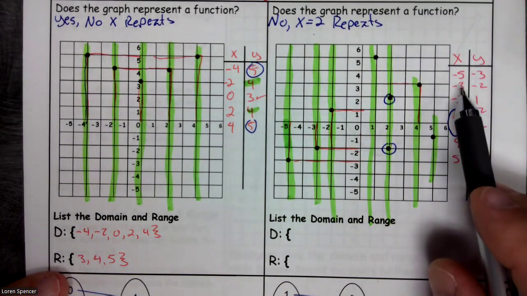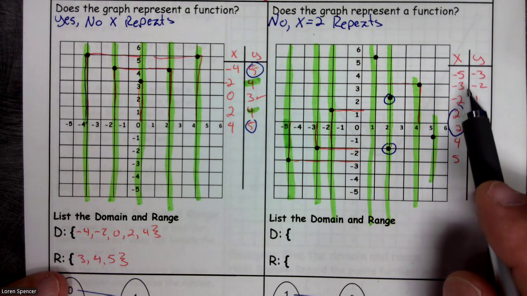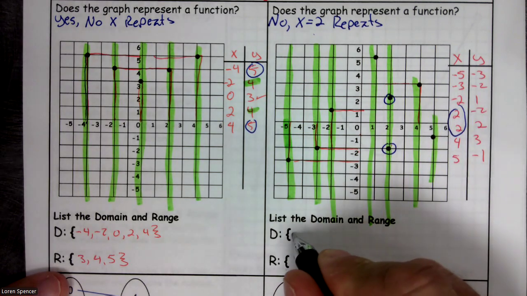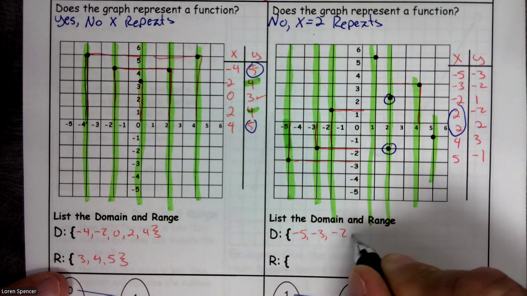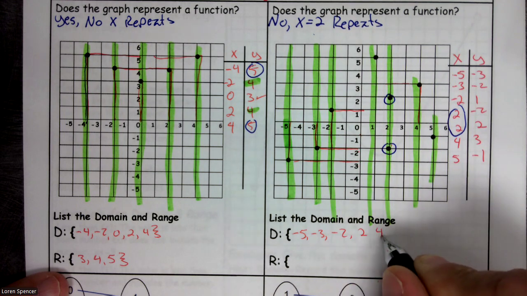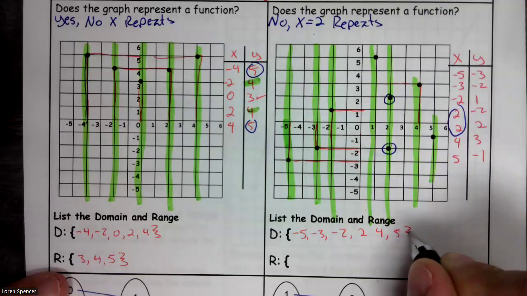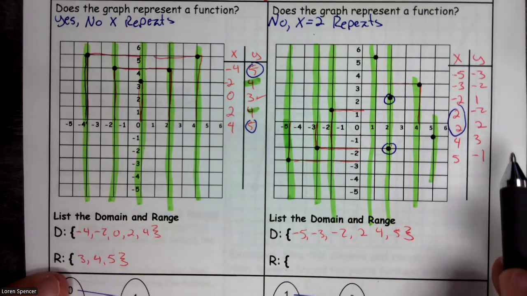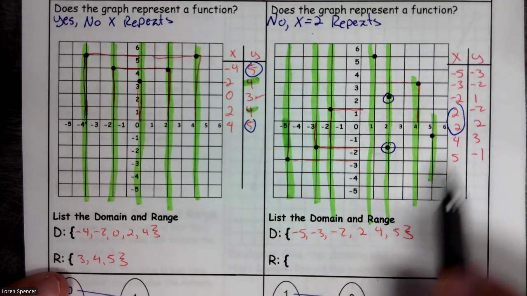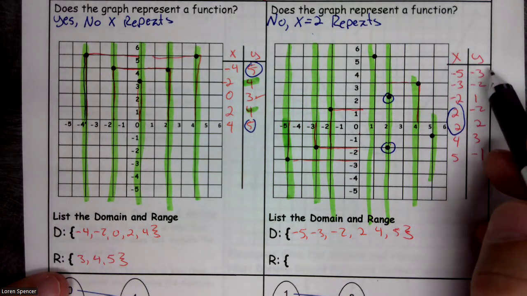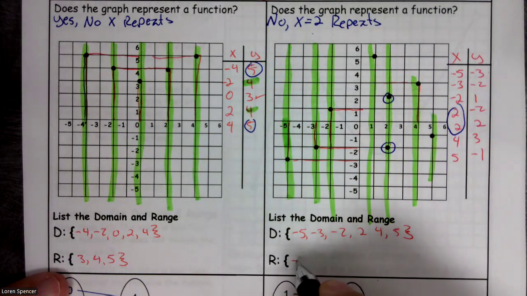All right. Remember, when we list the domain and range, we do not write repeats. So we have -5, -3, -2, 2, 4, 5. I only wrote the 2 once because we don't record repeats. When we're listing these, we have to be in order from least to greatest, so we need to be careful here. My least is -3.